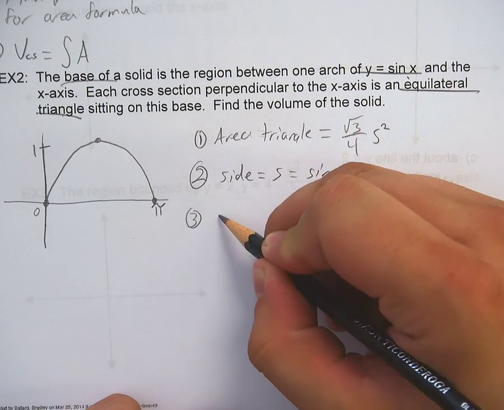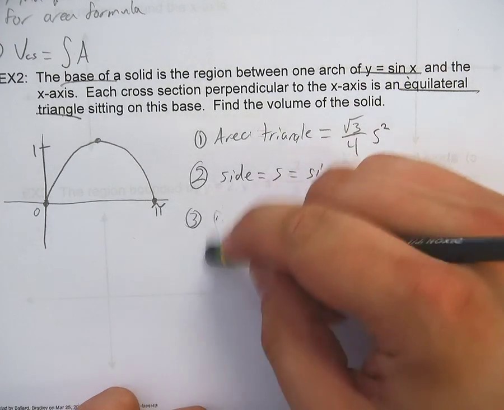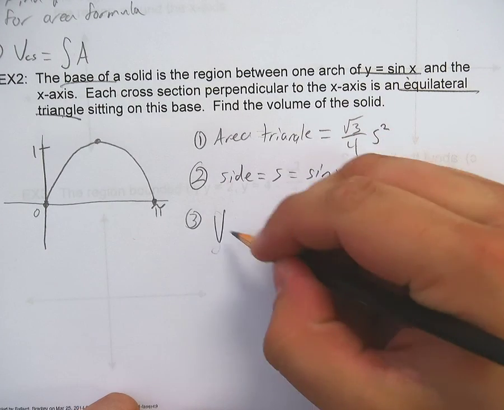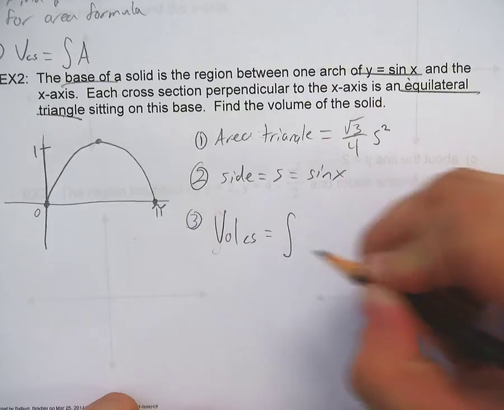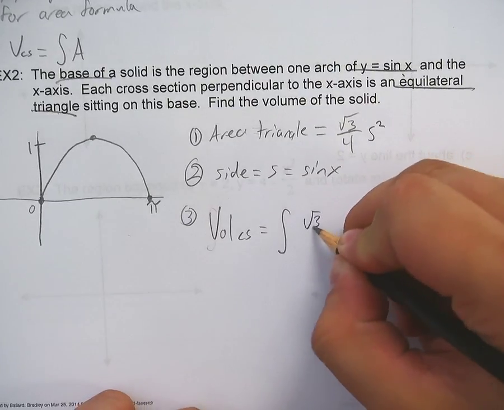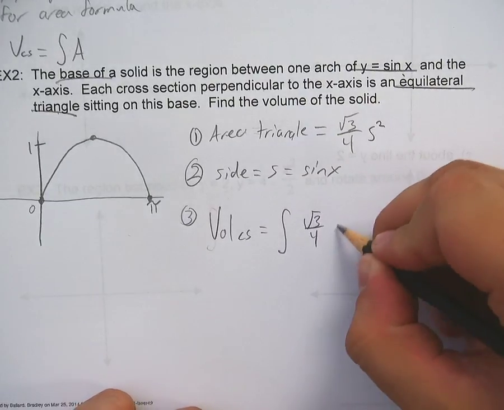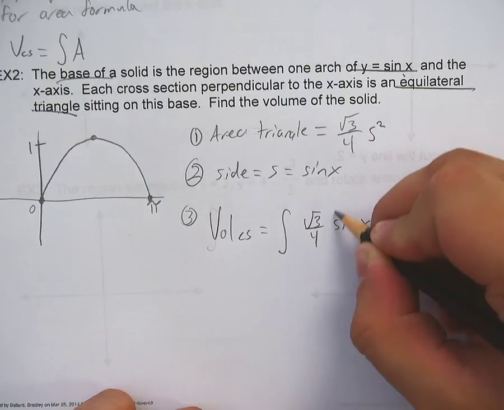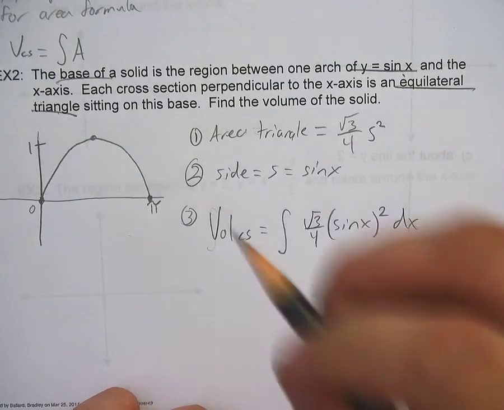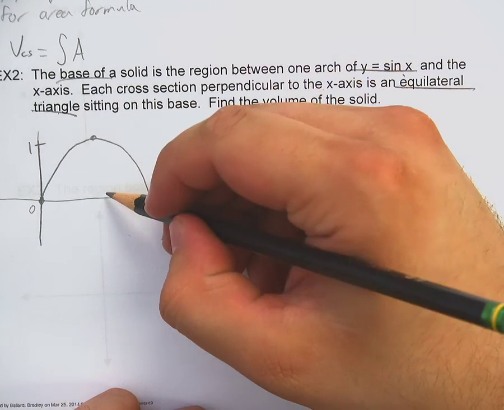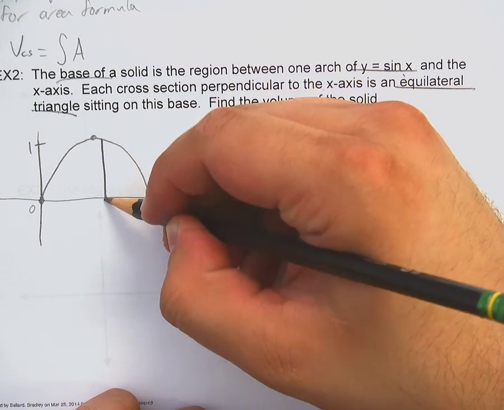So what you're looking at is step 3. Oh wow, volume. Volume is the integral of square root of 3/4 times sine x, your s value, squared, dx. It's perpendicular to the x-axis, which means it's coming up here.